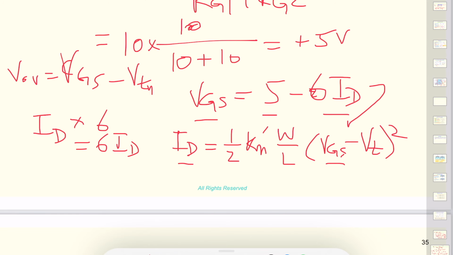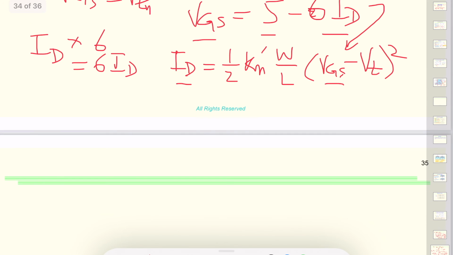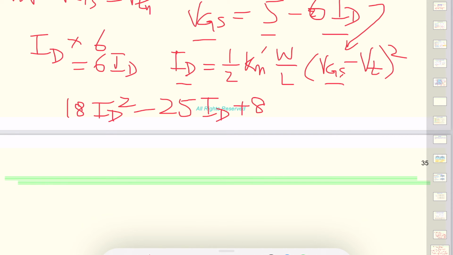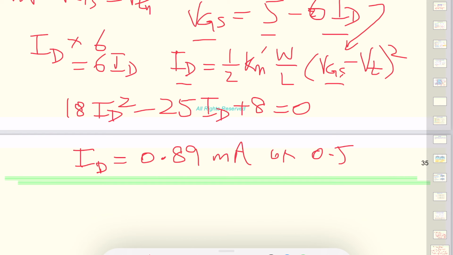Of course, this is the value we'll plug in here, so we'll get a quadratic equation, which simplified would be 18 ID squared minus 25 ID plus 8 is equal to 0. So we find the roots. Two values we get for ID from this equation are 0.89 milliamp or 0.5 milliamp.